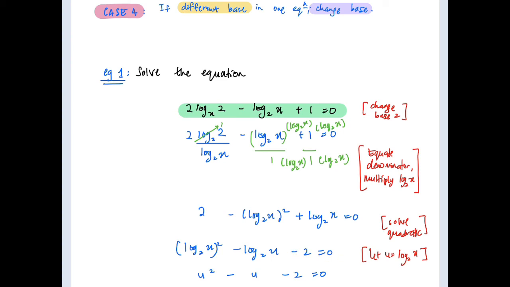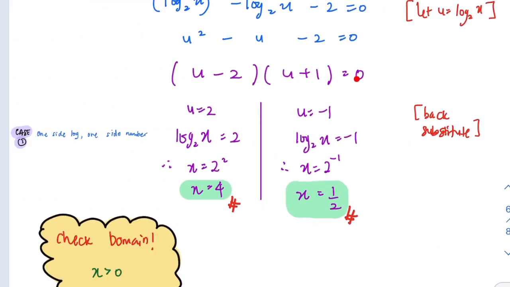Since this is a quadratic type equation, let u be log base 2 of x. We have u squared minus u minus 2 equal to 0. Factorize, and we get u equal to 2, and another one, u equal to negative 1. Now let us back substitute. Log base 2 of x is equal to 2, and log base 2 of x is equal to negative 1.